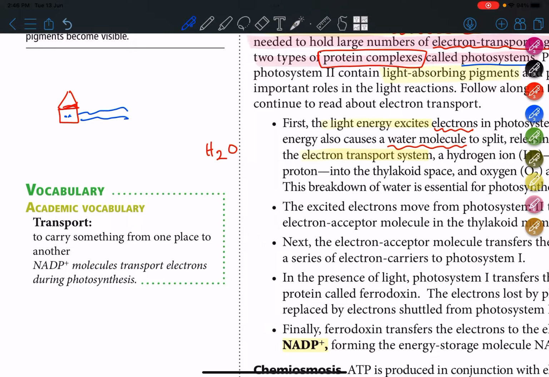So the same thing happens with the electrons. Once the light energy hits them inside photosystem 2, they're excited. Okay, we've got excited electrons inside photosystem 2. They leave. They exit the photosystem.